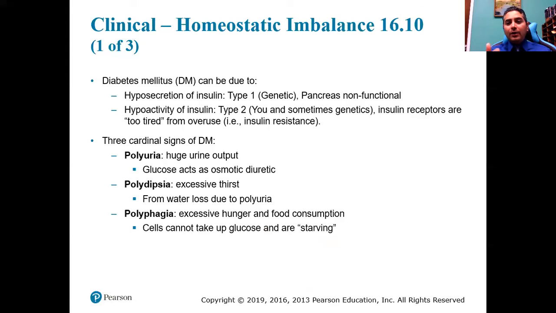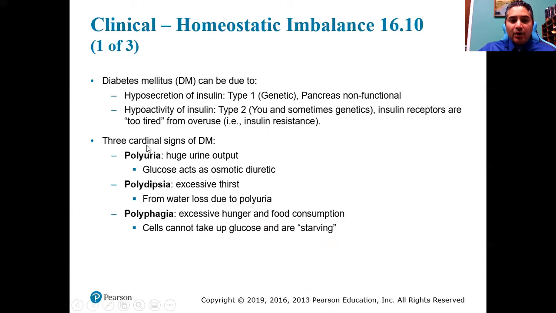You drive your car, and when you abuse your car, your tires can get affected, your engine, your suspension, the shocks, the upper and lower control arms. Same thing with a car or anything you use. So that's the insulin receptor in terms of type 2.